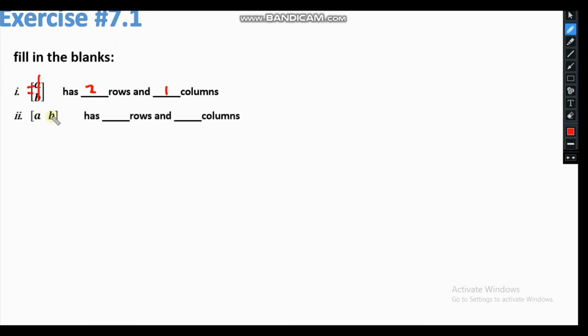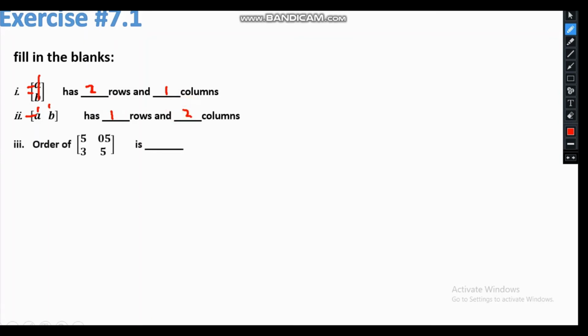Next, AB here again has a first row and 2 columns, so it has dash rows and dash columns. So we can write here 1 row and 2 columns.